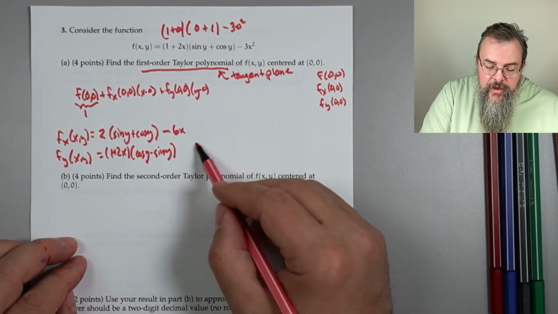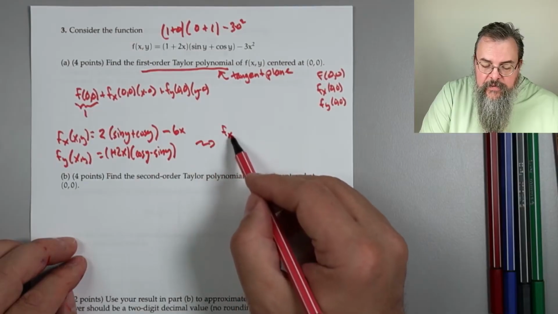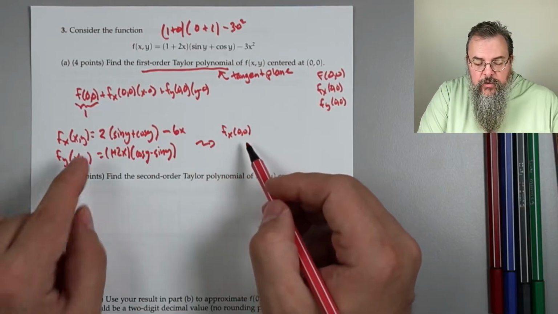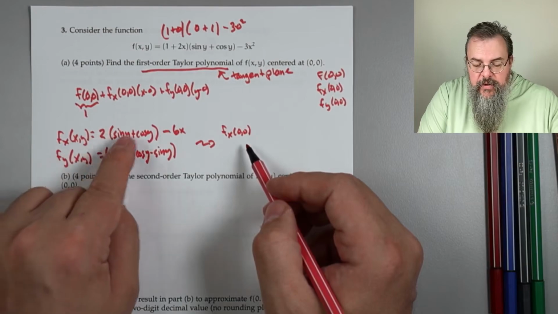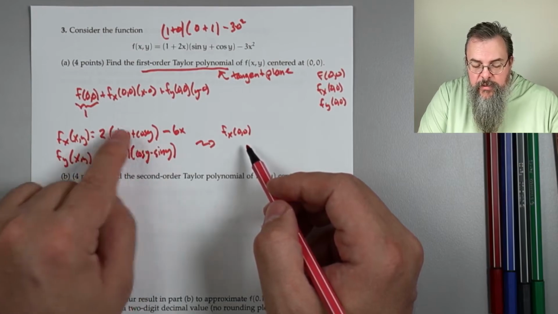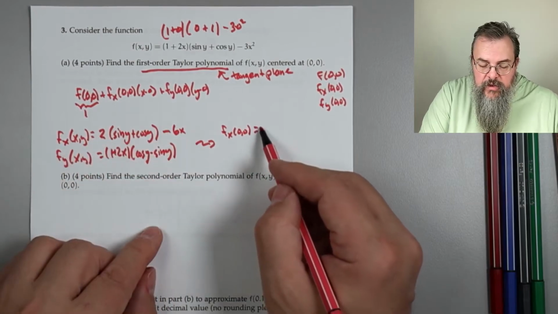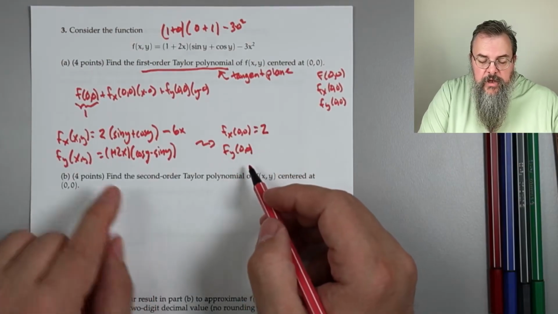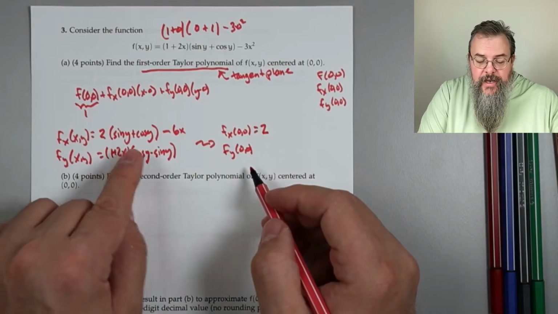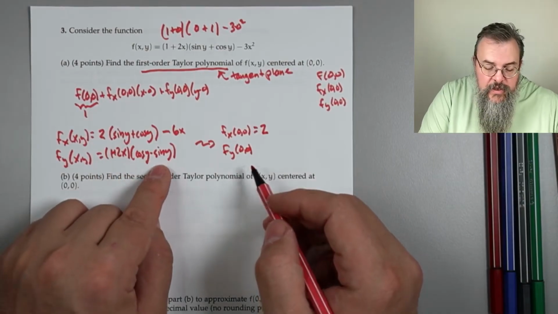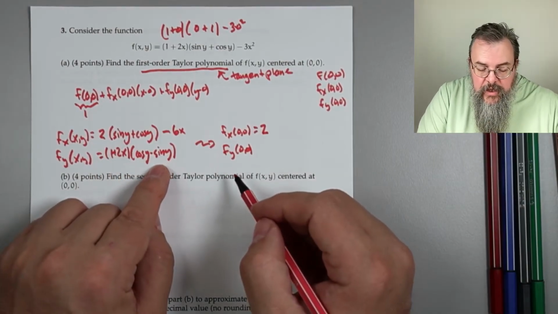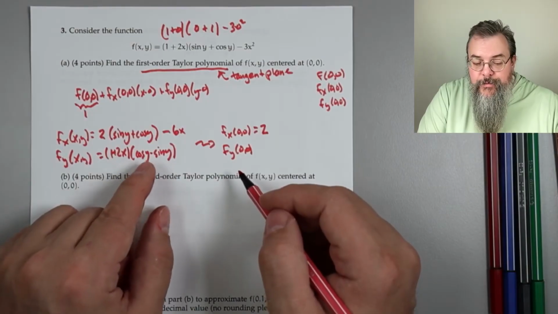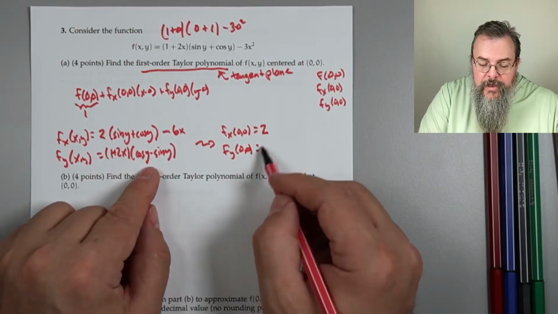Okay, so evaluating fx at 0, 0, we'll get 2. 0 plus 1 makes 1, so 2 times 1 minus 0. So we get 2. fy at 0, 0. We'll get 1 plus 0, which is 1. And then 1 minus 0. And, all right, that's also 1. 1 times 1, 1.